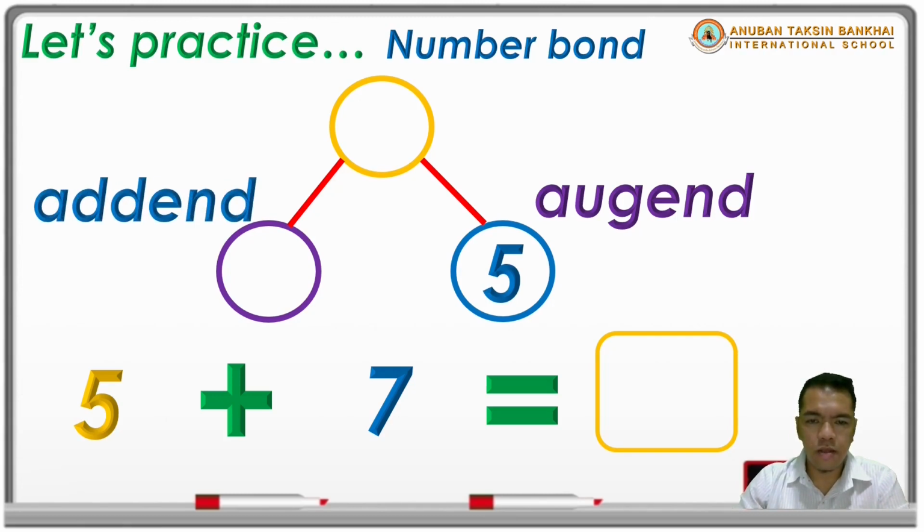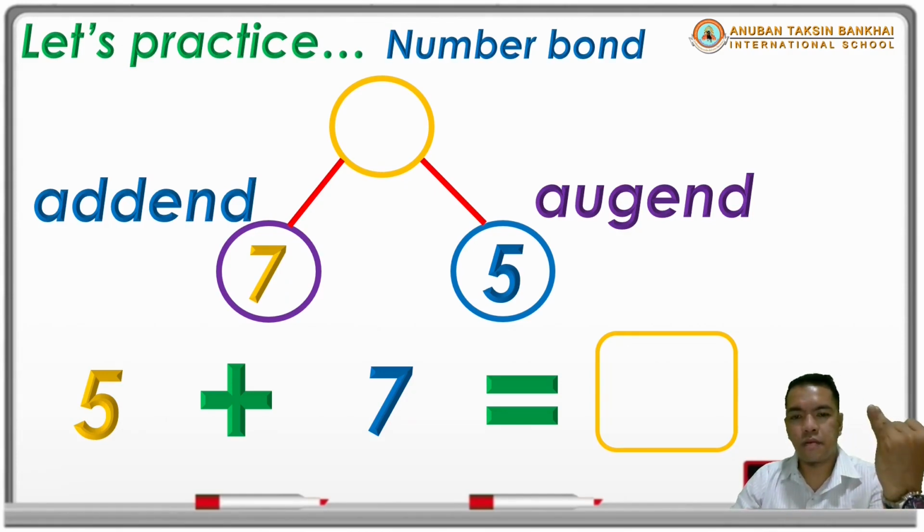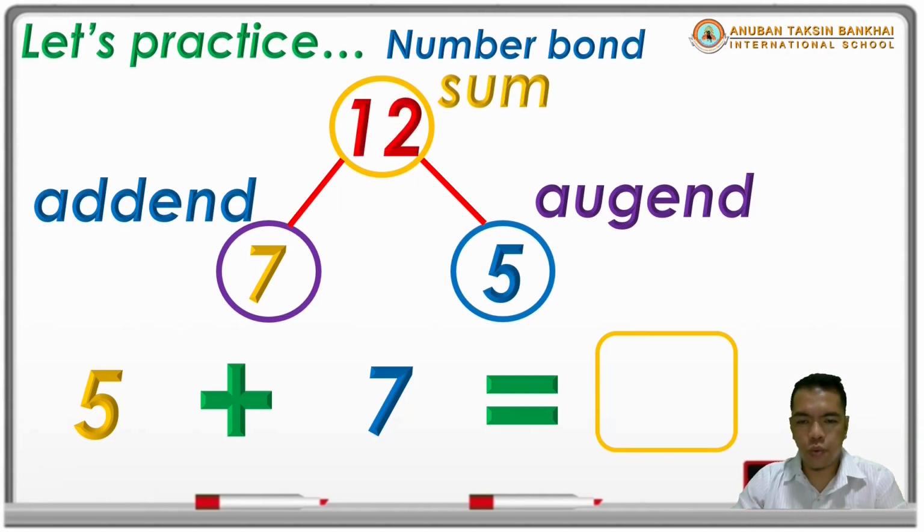What's our addend? Good. 7. 5 and 7 makes how many? Let's count on. 5, 6, 7, 8, 9, 10, 11, 12. Our sum is 12. Great. 5 plus 7 is equal to 12.